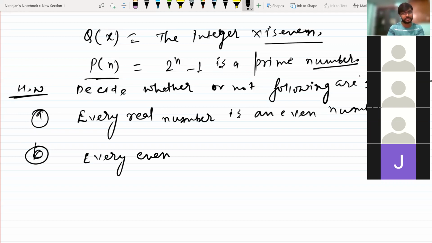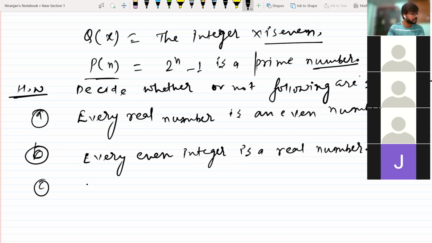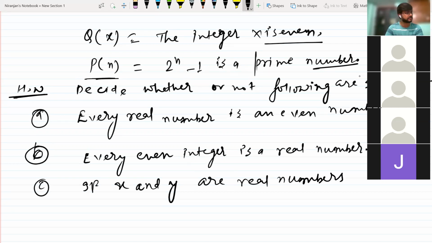Every even integer is a real number. If x and y are real numbers and 5x equal to 5y, then x equal to y.